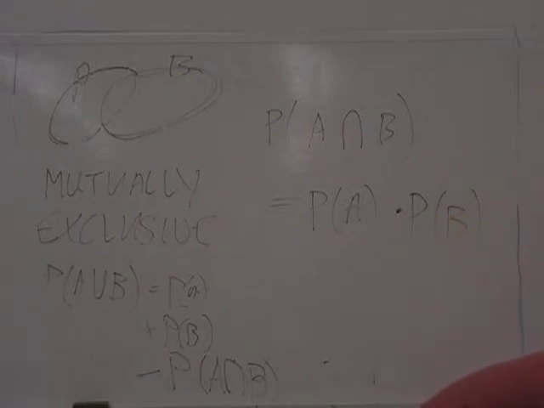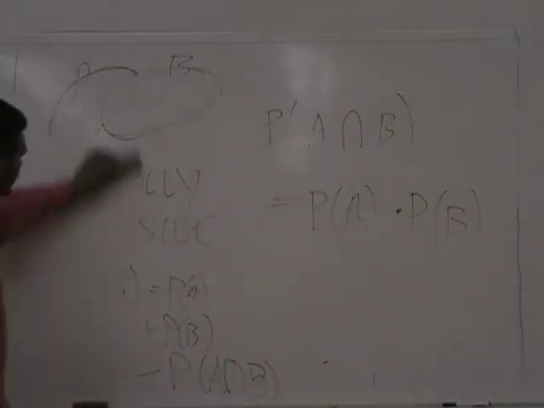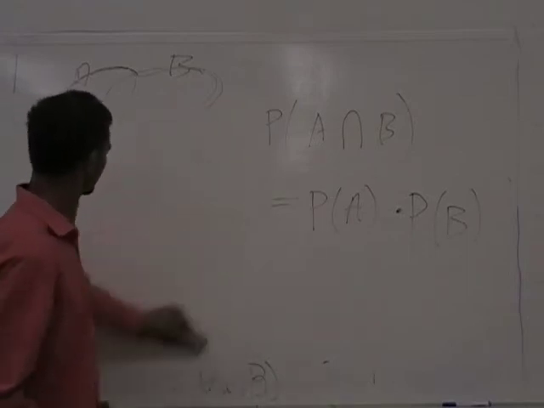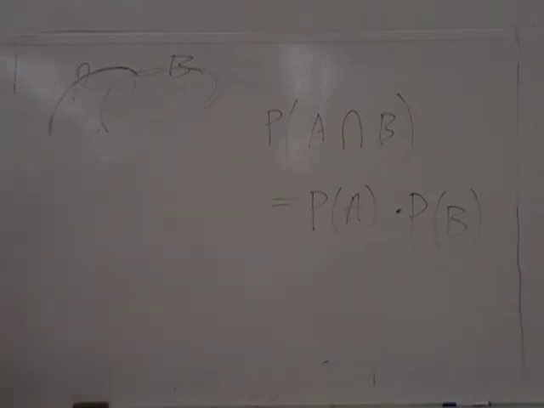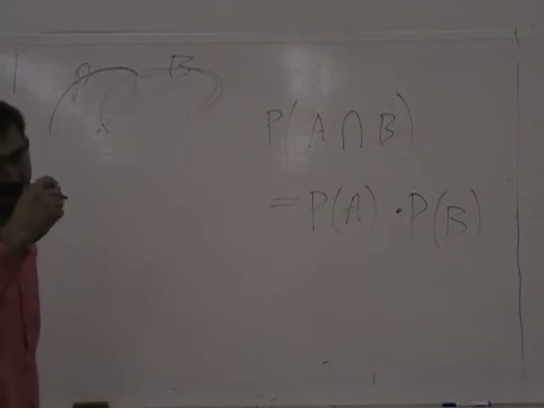So how do I do this? There's no way to avoid it. Okay. So, now I have to define notation for conditional probability.